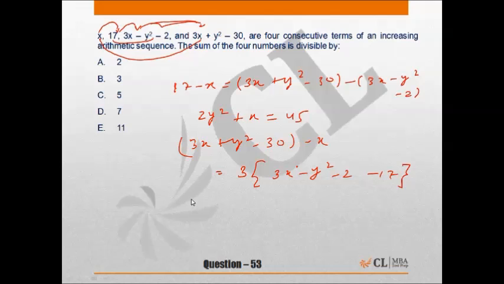From here we get 4y square minus 7x equals minus 27.